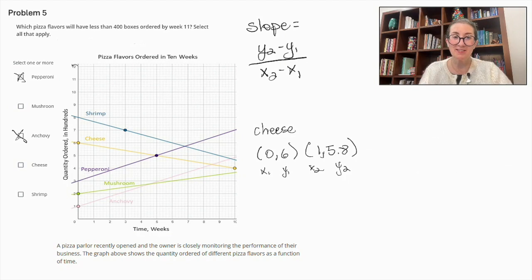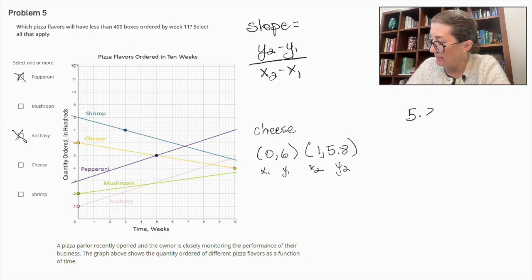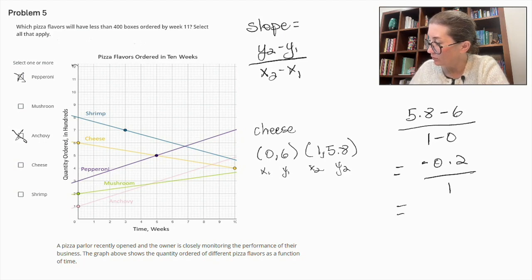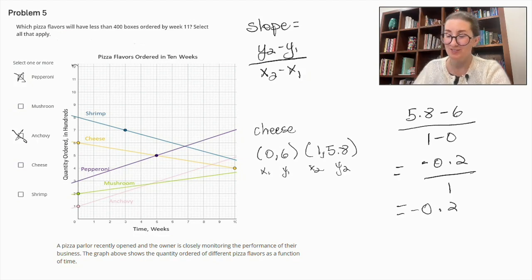Now let's find the slope for cheese. We've got 5.8 minus 6 over 1 minus 0, which is equal to negative 0.2 over 1, which is equal to a slope of negative 0.2.